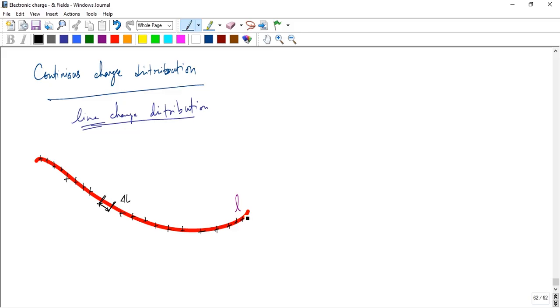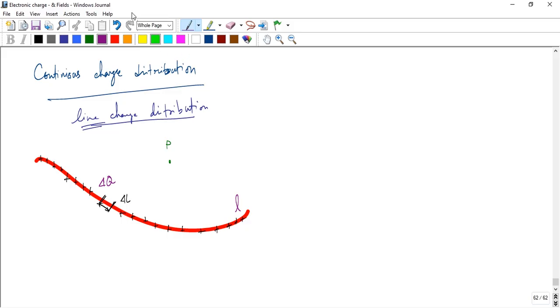Now calculate the electric field at a point. Suppose at point P we calculate the electric field. The small length delta L contains a small amount of charge delta Q, positive or negative; it doesn't matter, but let us assume the charge is positive.